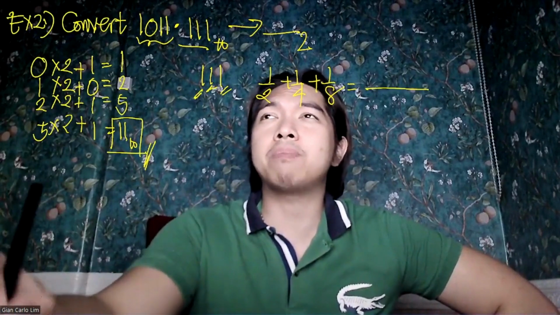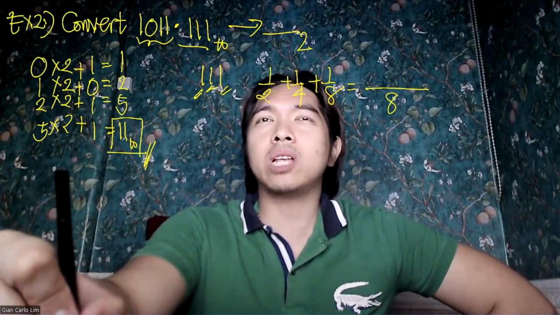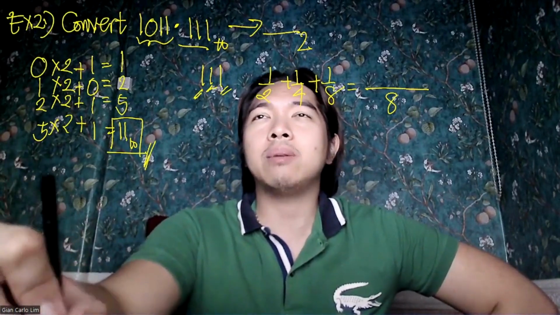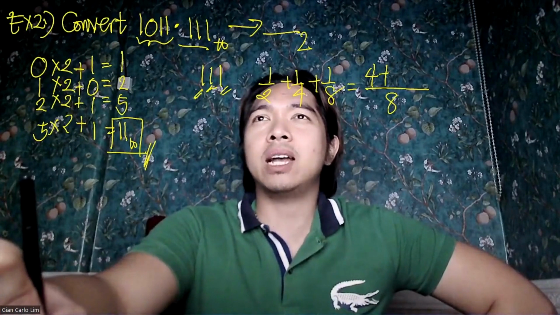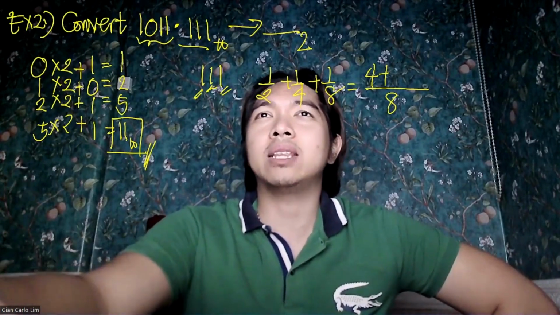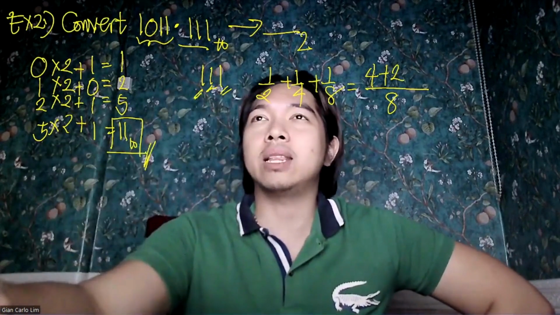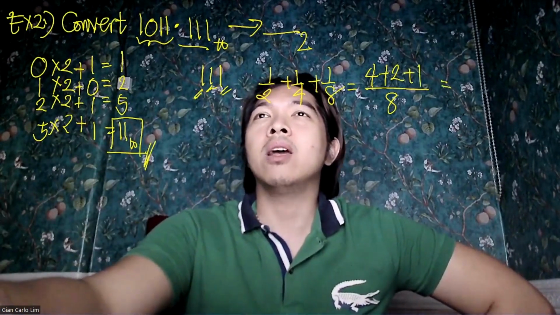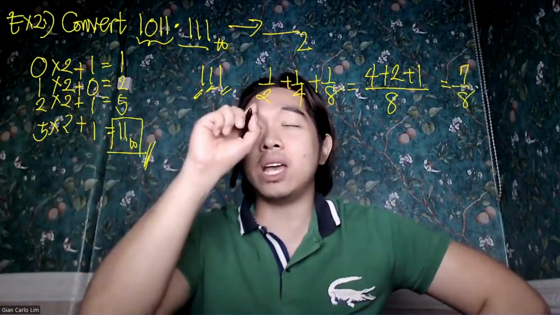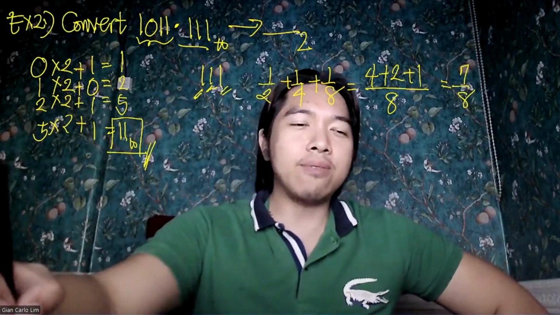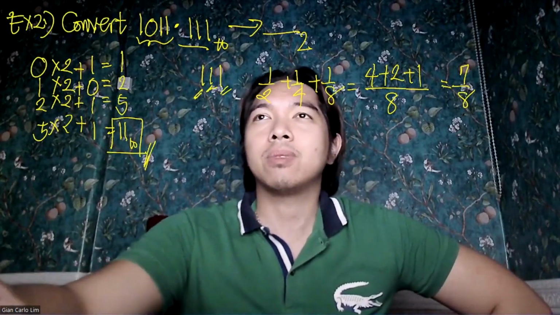Of course, dapat pareho sila ng denominator, which is 8. 8 divided by 2, so that is 4, times 1, so that is 4. 8 divided by 4, so that is 2, times 1, so that is 2. And then 8 divided by 8 is 1, times 1, so that is still 1. Alright. 4 plus 2 is 6 plus 1, so that would be 7/8. So ito na ngayon yung fractional part. And 7/8 is equal to 0.875.